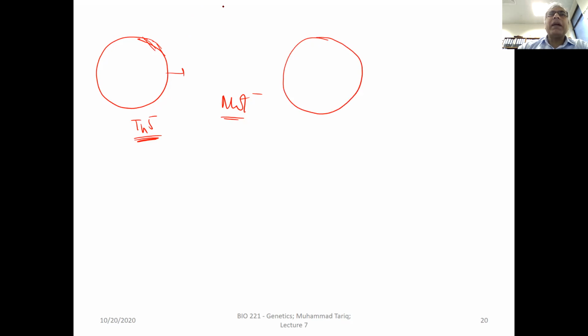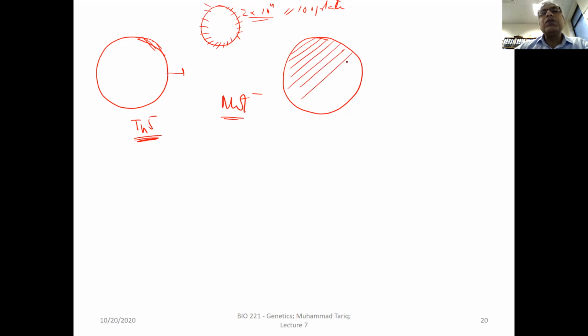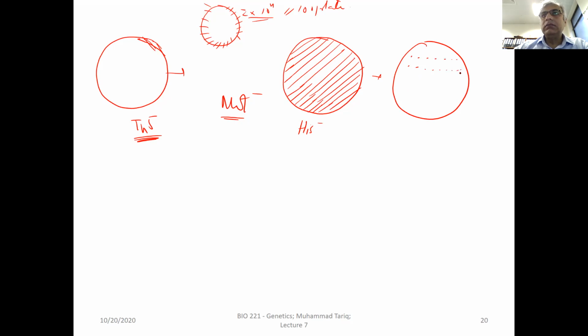Let's say now on the bacterial genome we have this, the population we made, TN5 population 2 to 10 to power 4, for which we had made nearly 100 plates of colonies. Before we go to that, those 100 different plates we made because we had his minus phenotype, and we spotted like this, so we did replica plating, you remember?